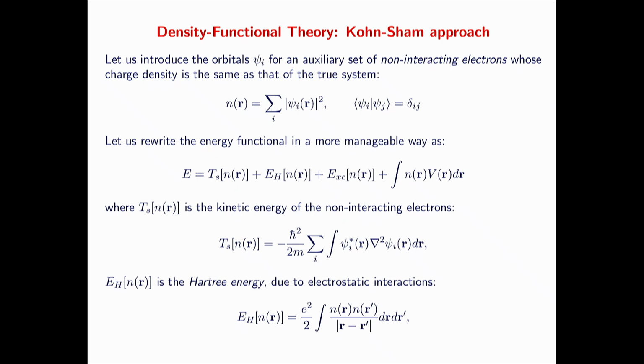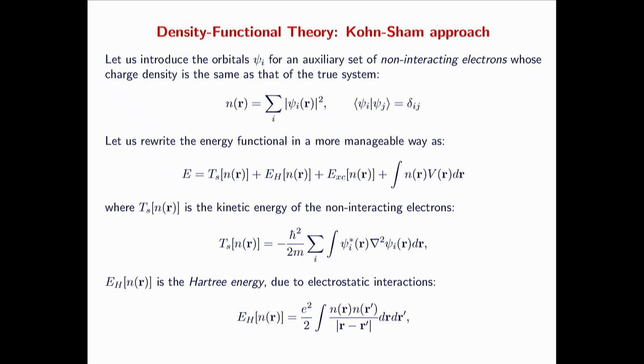Now we rewrite the energy functional, which is still unknown, by extracting the most important parts from this functional. So we extract what we know, what we can easily write.